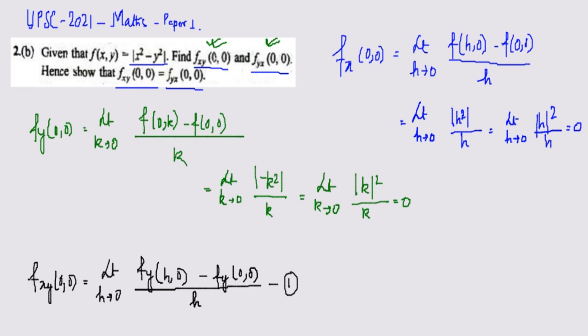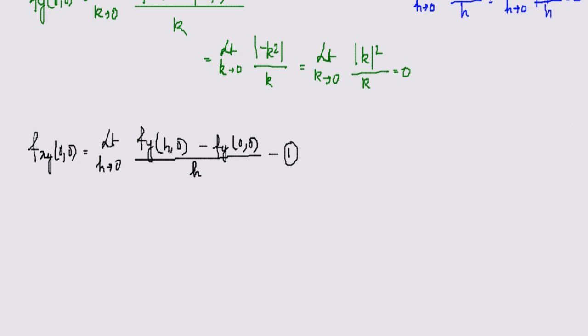We are just trying to simplify as much as possible. Since we have found f_y at (0,0) is already 0, we have to find f_y at (h,0). So it is nothing but the limit as k tends to 0 of [f(h,k) - f(h,0)]/k.